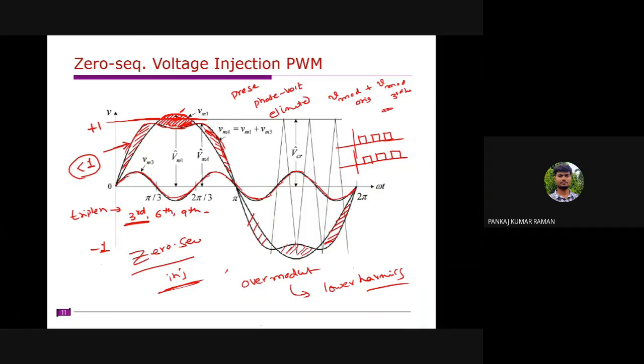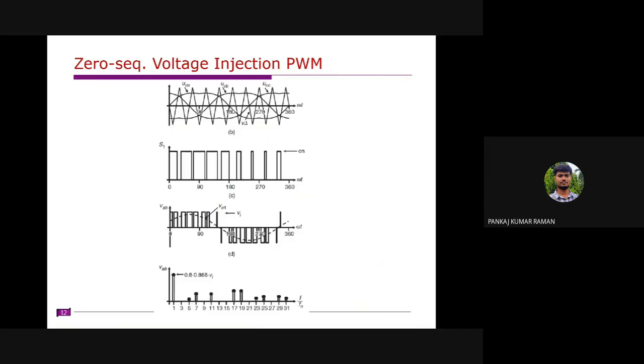Okay, so by using zero sequence injection PWM, we can actually increase the line voltage RMS value, right? This is what we obtain with zero sequence PWM.